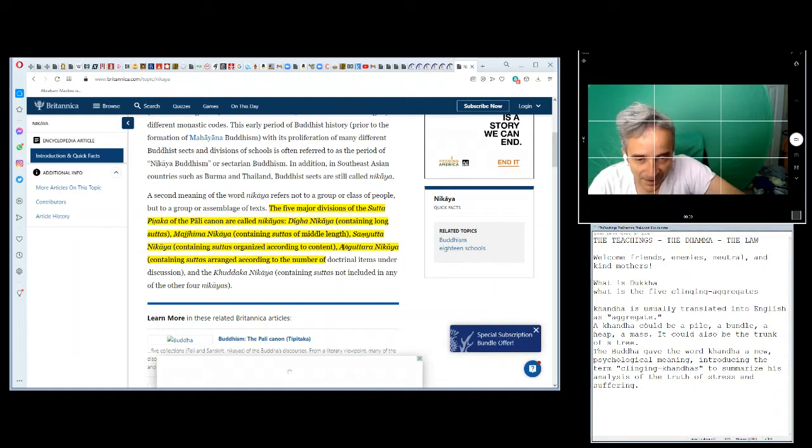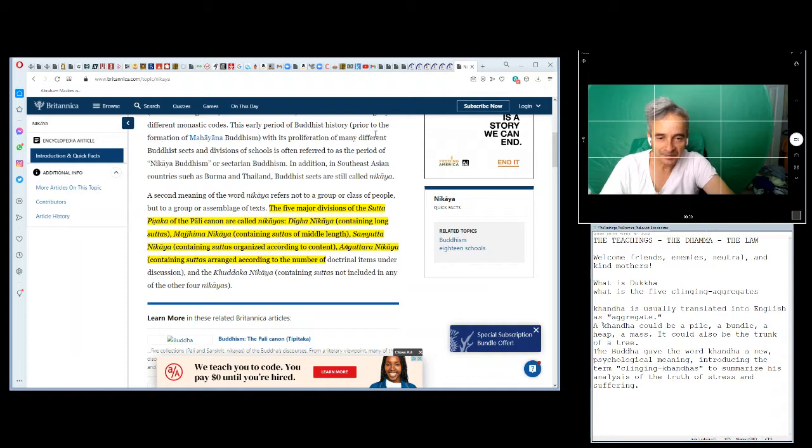So we're looking at the Samyutta, containing suttas organized according to content. So in the Samyutta Nikaya is where we find the 4 Noble Truths, right? And the 5 aggregates. Well, it's about setting the wheel of Dhamma in motion.